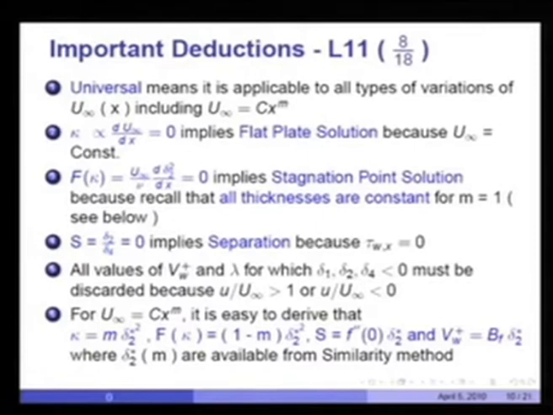Kappa, which is proportional to du infinity by dx, implies, when it is 0, a flat plate solution, because u infinity equals constant.